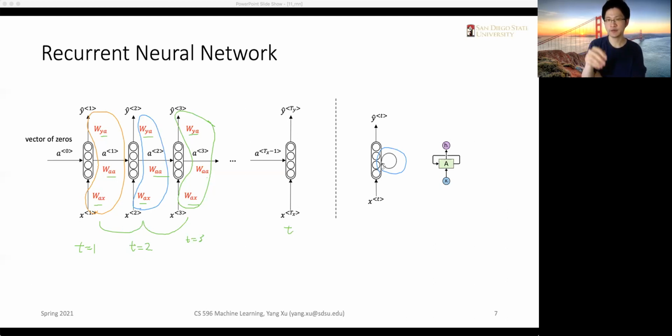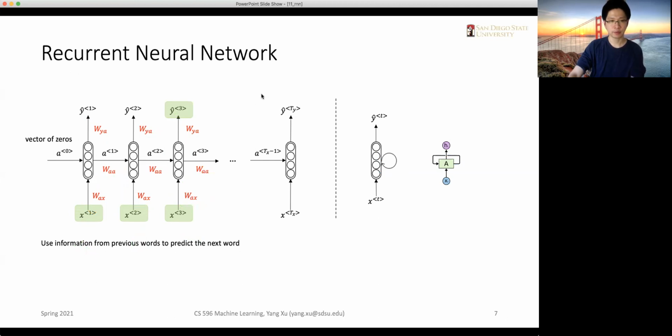It will take the activation from itself as the input for the next time step, or we can use this style to connect from one end to the other to indicate this is a recurrent neural network. All right, so that's a basic principle of the simple recurrent neural network.